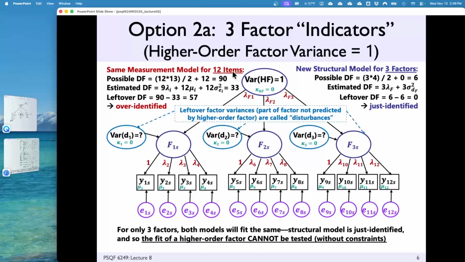Those three variables, these disturbances, are what's left over. Another term for disturbance is residual. These are residual variances. Why are they residual? Because if this path model holds, we're predicting each factor by this overall higher order factor itself. Does that make sense? Okay.